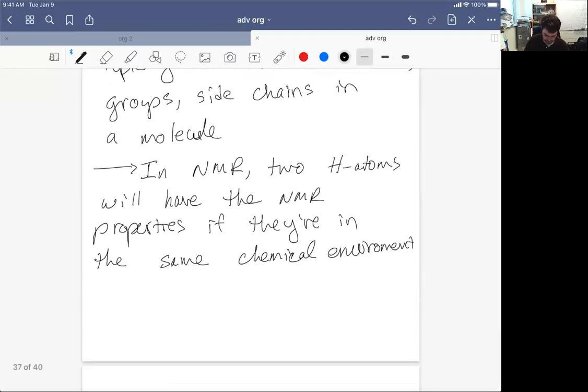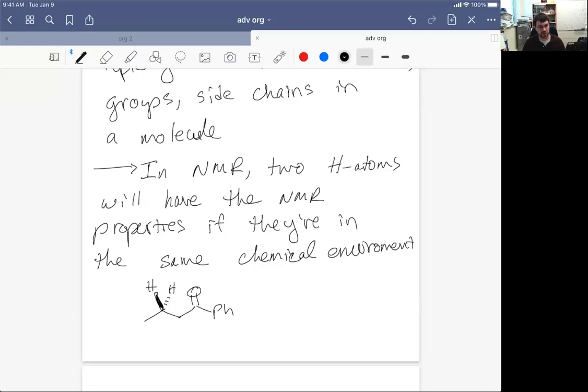All right, so this is just a brief review of NMR. Let's say we've got these two hydrogens. If we wanted to count the signals for this, we would look at all the hydrogens that are in different environments, and we'd say, well, the three that are on the CH3 at the end are in the same chemical environment.